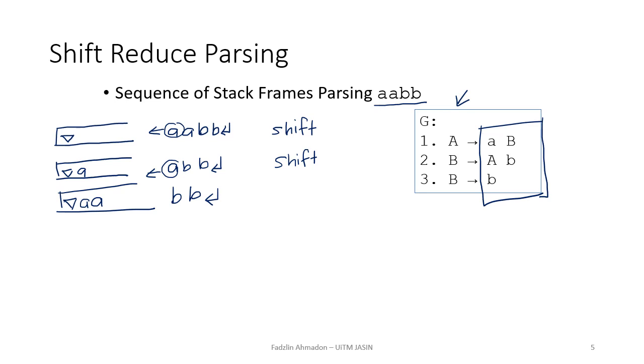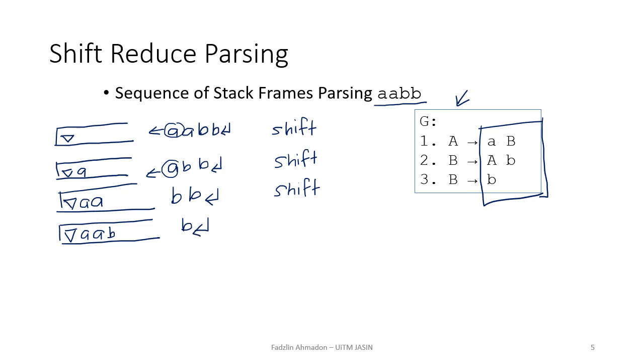On the right hand side, we do not have two A's, so we cannot do a reduce operation. So we do another shift operation. The result is AAB, where B has been moved on top of our stack and our input is left with B and marker.